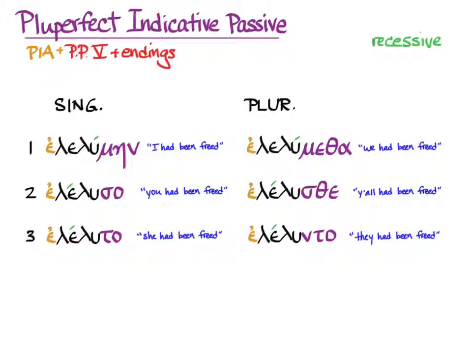If we want to know by whom, as with the perfect tense, the pluperfect can use the dative of personal agent, the dative without a preposition, but genitive of agent works fine here too.